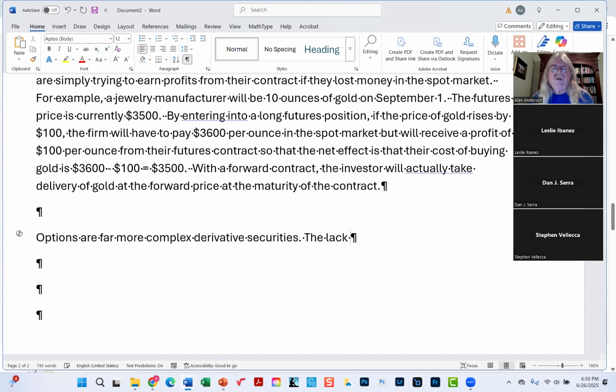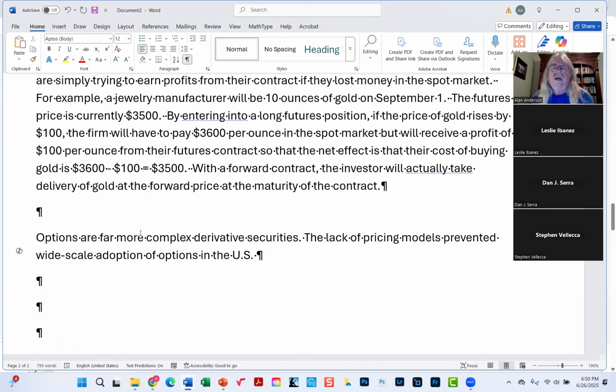The lack of pricing models prevented wide-scale adoption of options in the US and the rest of the world for that matter until 1973, when the Black-Scholes model was first published.